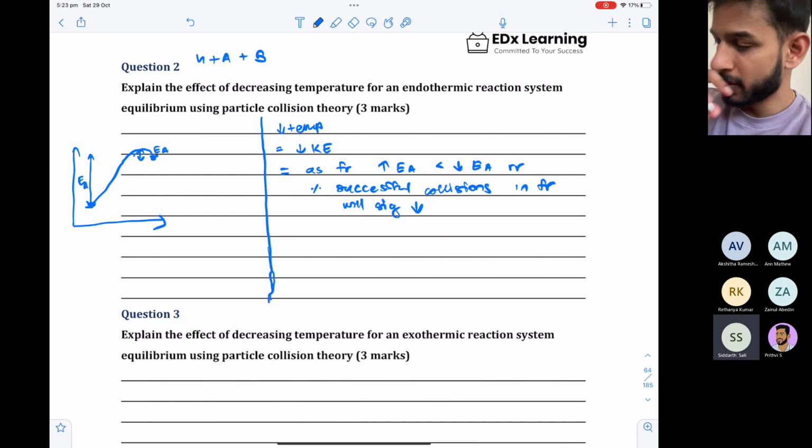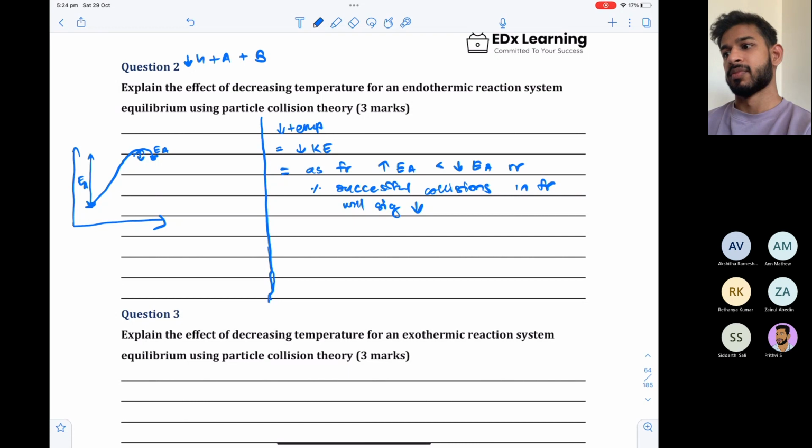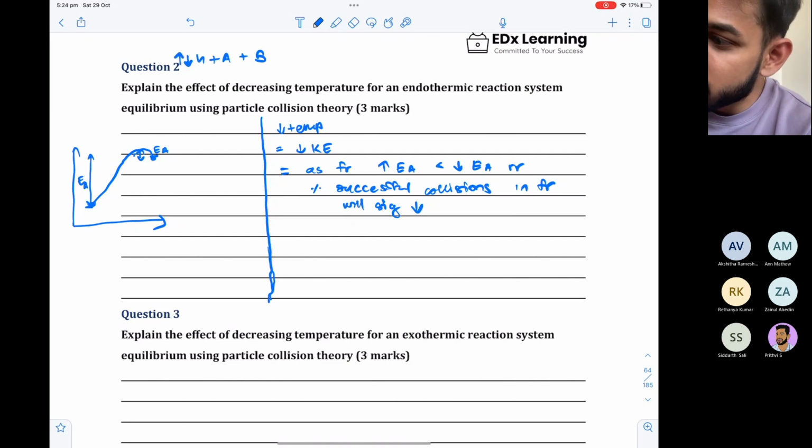Sorry, right. So if I decrease temperature, what's the opposite of that? Anyone? Yeah, if we decrease temperature, the opposite of it is increasing temperature.